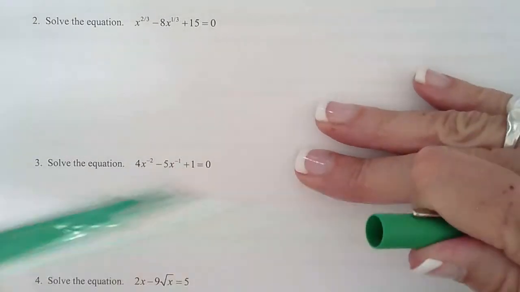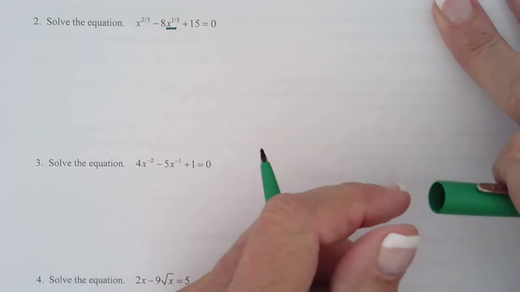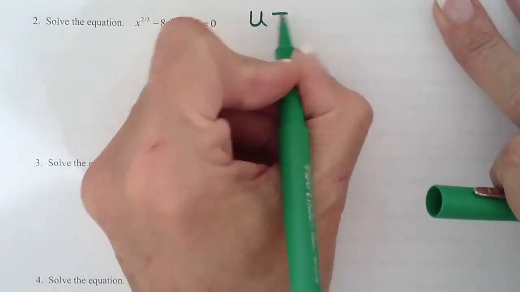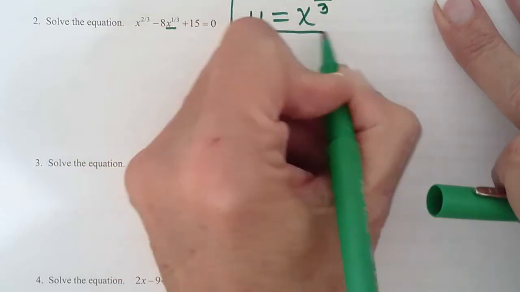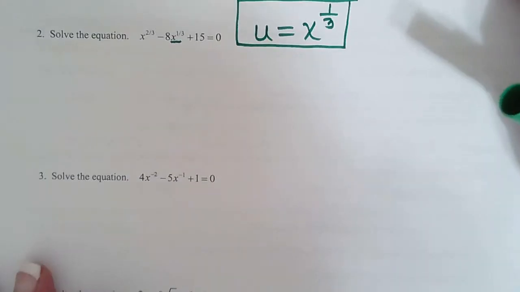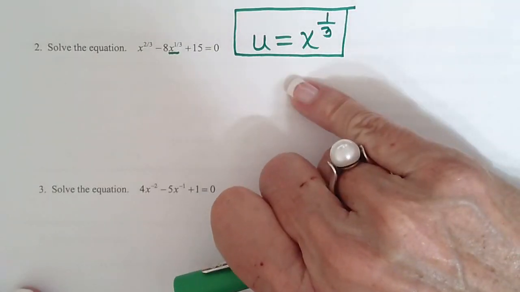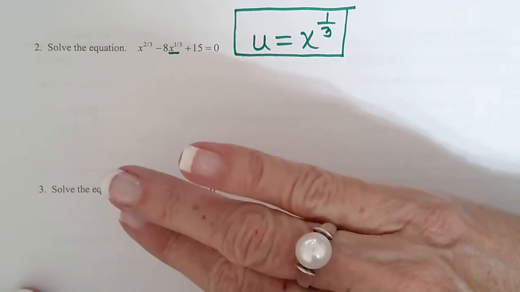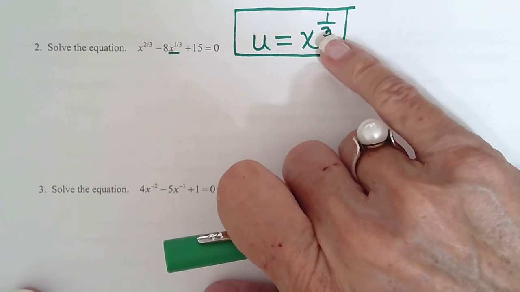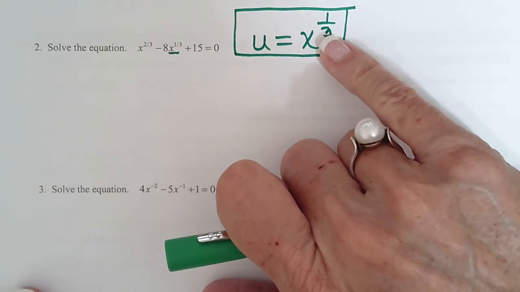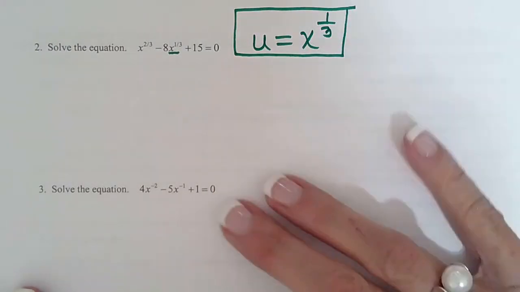So first thing you have to decide is what u is, and it's always the variable part of the middle term. So I write u equals x to the 1/3. And this is going to come up later, but I just want to make sure, do you all remember this means cube root of x to the first, not cube root of 3?